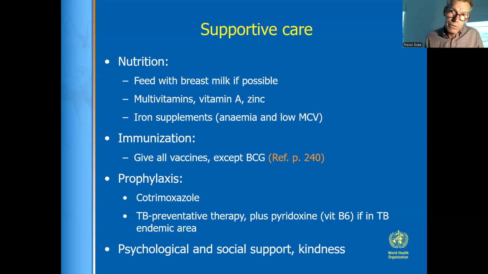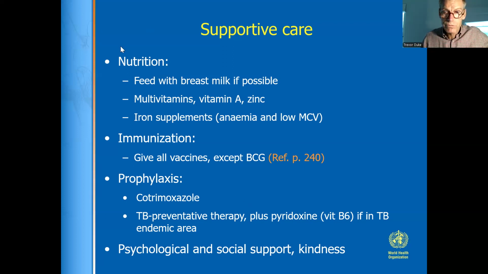If a child lives in a TB endemic area, or if they're exposed to tuberculosis, then they should be on TB preventative therapy as well, isoniazid preventative therapy, or the shorter course rifampicin isoniazid preventative therapy, if they're in a TB endemic area, or if they have any risk of tuberculosis.